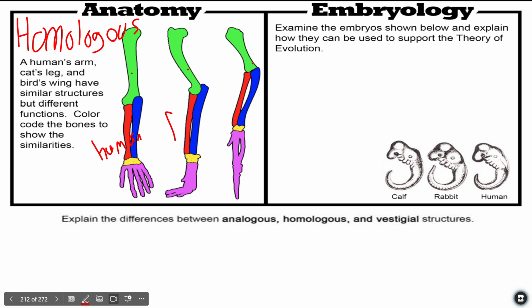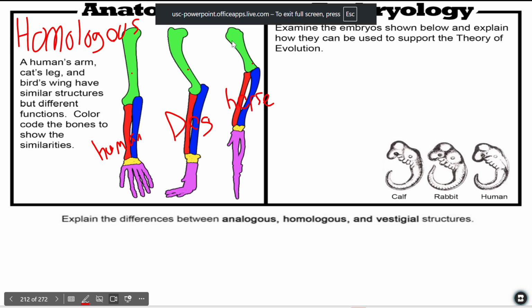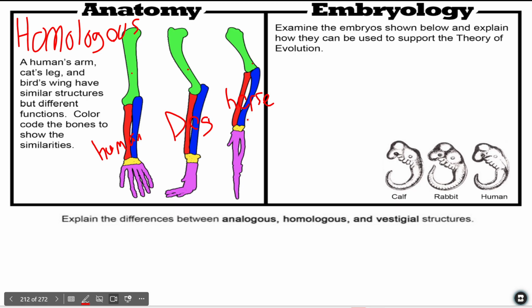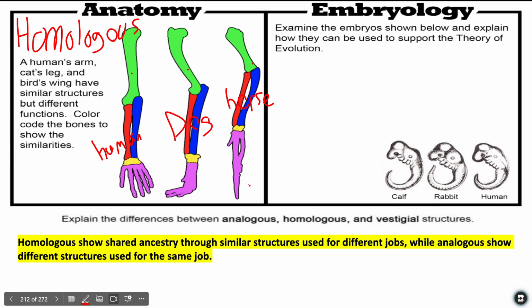Here is a dog. And here's a horse. Now, the next thing we're going to talk about again is what makes something analogous, homologous, or vestigial when we look at body parts. So homologous structures like our human arm, dog arm, horse arm here are similar structures that are used for different jobs.